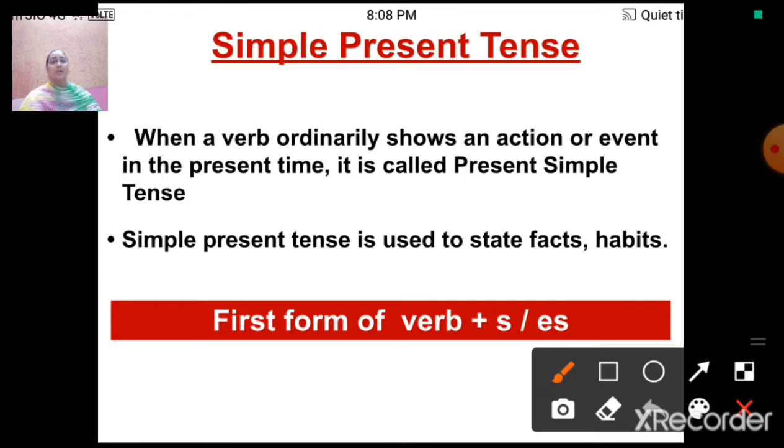Here we are going to use a formula to understand in an easy way. In simple present tense, the formula is to use the first form of verb plus s or es. Now students, you all must be thinking, what is the first form of verb? For example, do, did, done. So do is the first form.